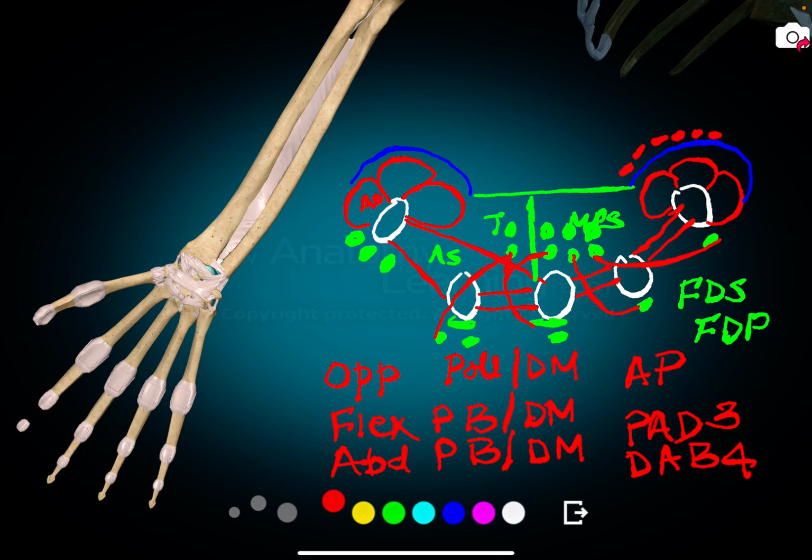So these are the lumbricals, 1, 2, 3, and 4. After this we'll tell you the action of the lumbricals first.